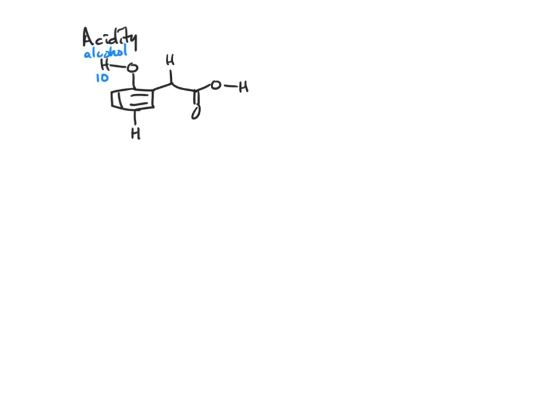So below there, right here, we have an sp2 hybridized carbon bonded to an H. Where does that acidity fall into? 50 or 15? I don't think it's that high.